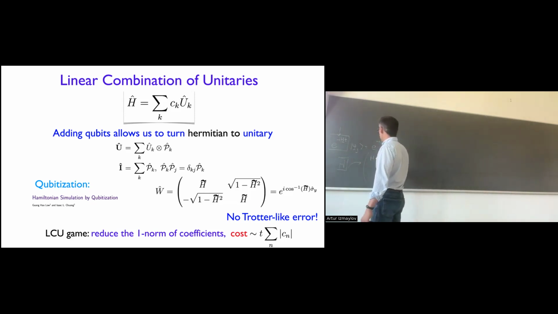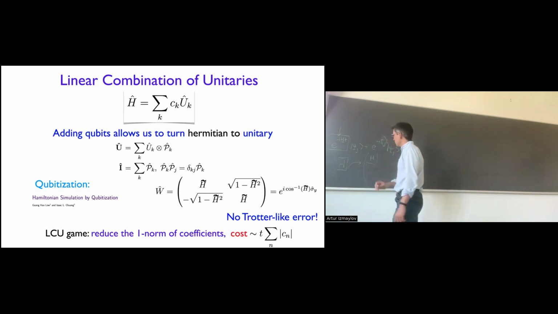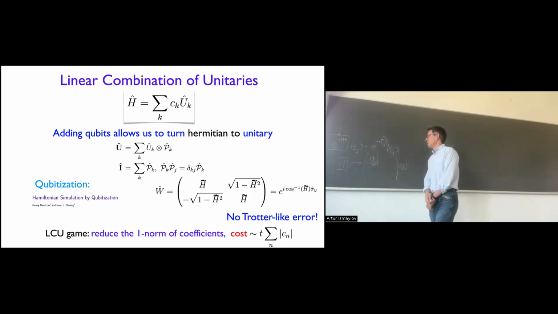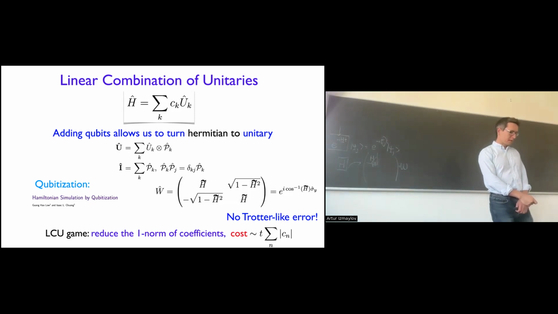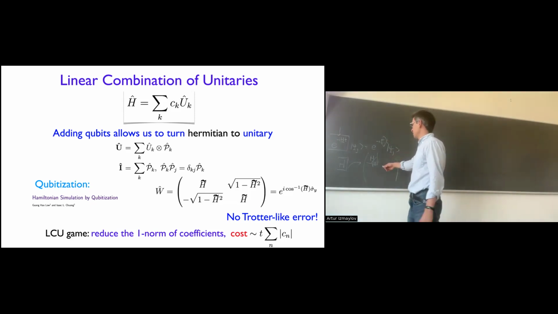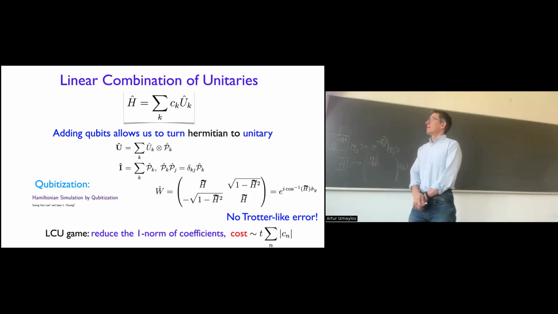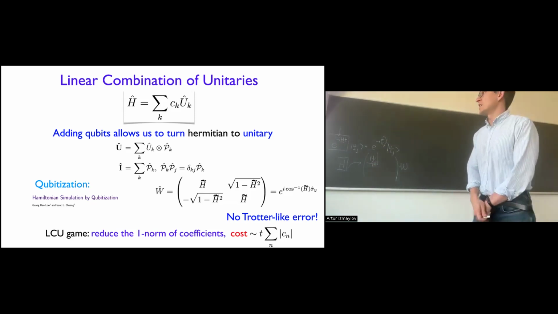Somewhere here in some corner of that bigger unitary, there will be our Hamiltonian, normalized so that it won't break the unitarity, with its H norm, right? And then we'll be able to extract the information, right? So that's the basic idea.